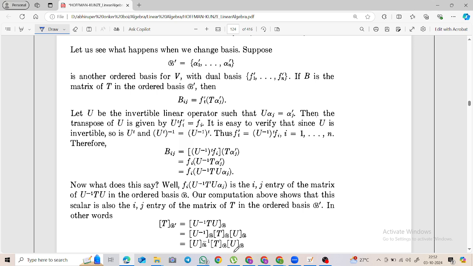So you understand what they are saying actually: if U is the matrix that sends beta to beta prime, then U transpose sends beta prime star to beta star. Okay.